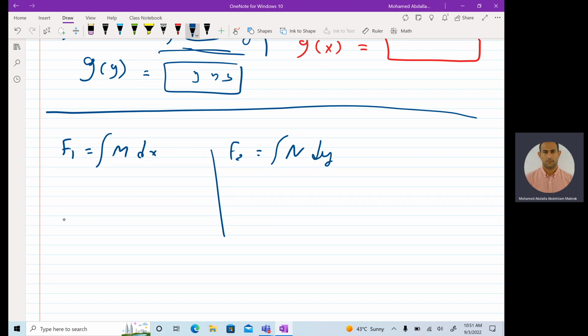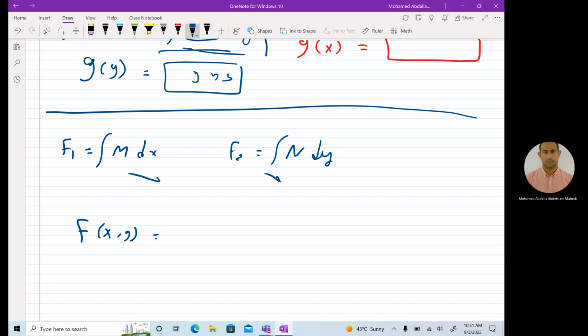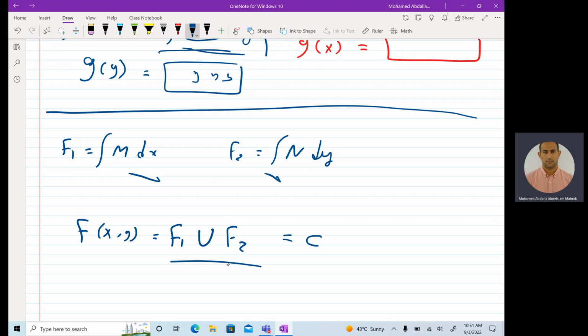Once we get these, the f that we want is f1 union f2, equal to a constant. The union is the addition of the two, but eliminating the repeated copies; we just eliminate one copy of each repeated term.